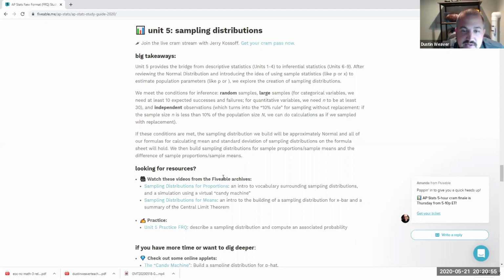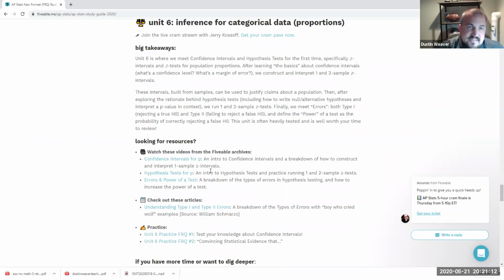We can then build sampling distributions for sample proportions and sample means, and then for two proportions and for two means. And that's Unit 5. So it basically takes us through the conditions and setting up some of these confidence intervals and tests.